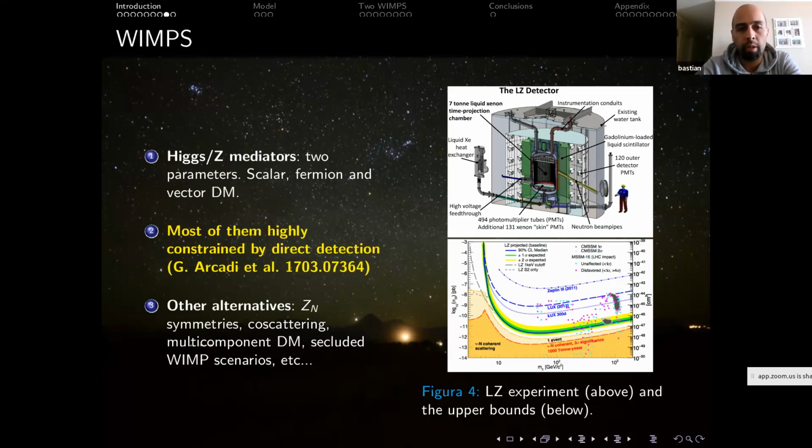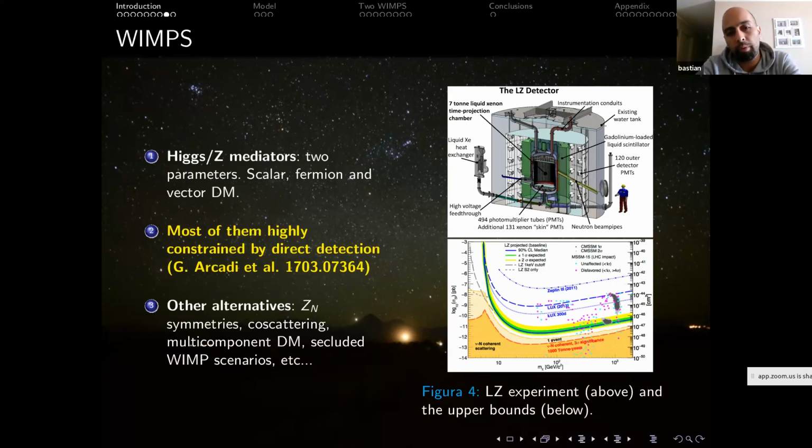For instance, one of the first attempts to deal with this freeze-out in a minimal way was to use a new particle, stable at cosmological scales, using the Higgs or the Z boson as the mediators between the dark matter and the standard model.